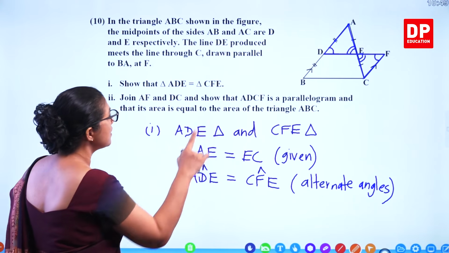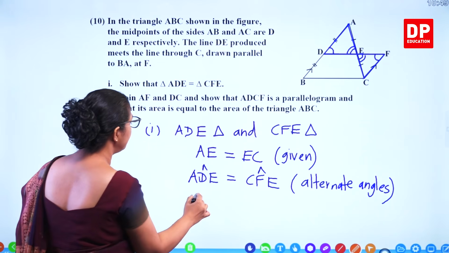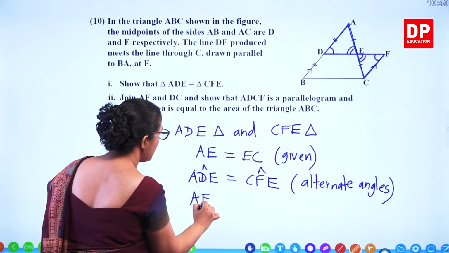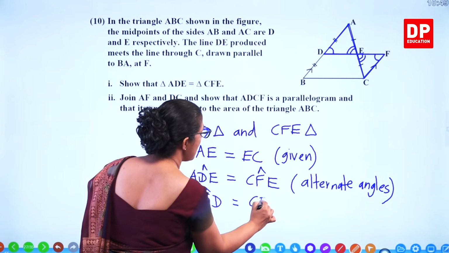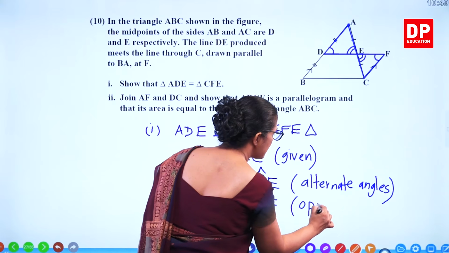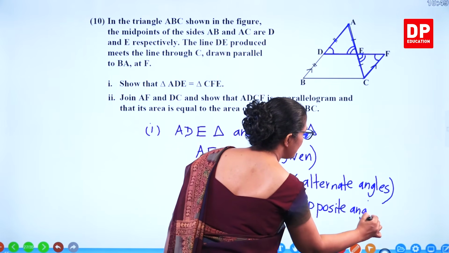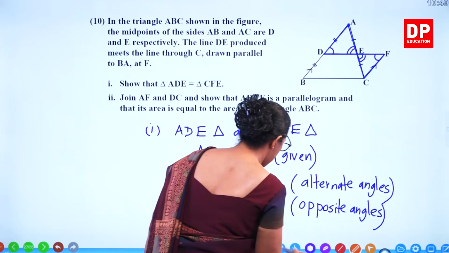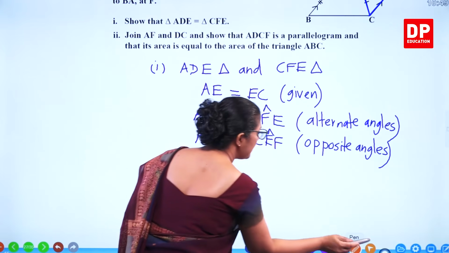Then the other side, the opposite angles: angle AED is equal to angle CEF. That's opposite angles. Now we have 3 things: side, angle, side.